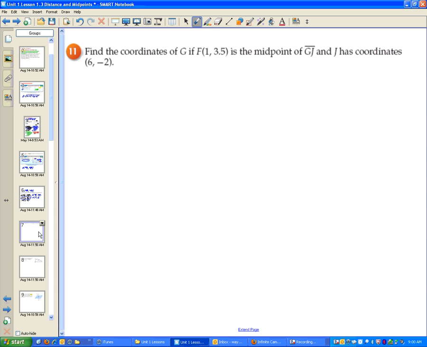Here's what's going on. This is our midpoint, so I'm going to call it M. J is one of our endpoints. They want us to find the coordinates of the other endpoint. All right? Now, I'm going to write down our midpoint formula again.